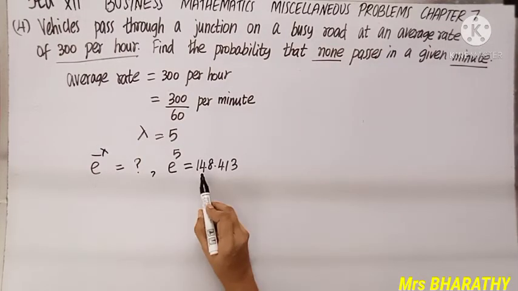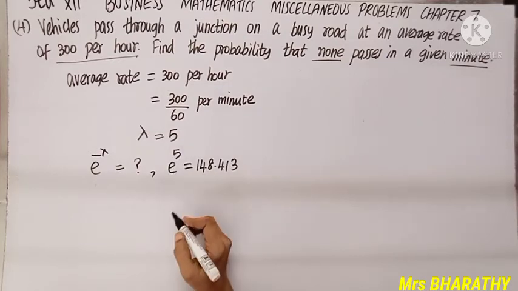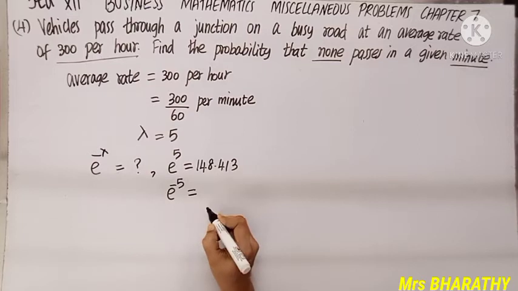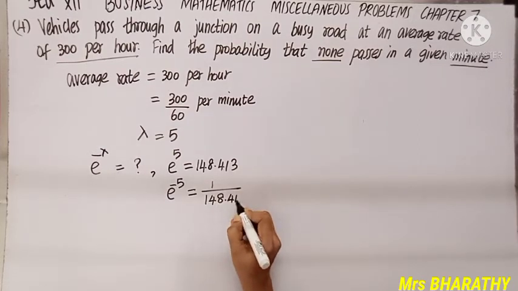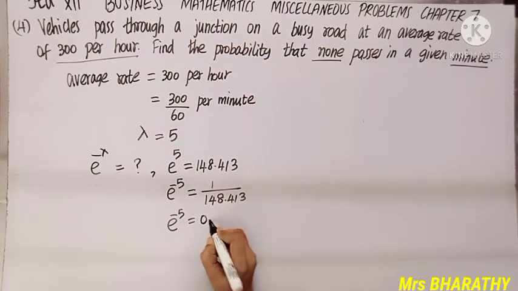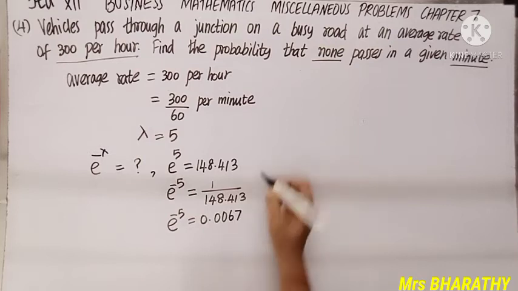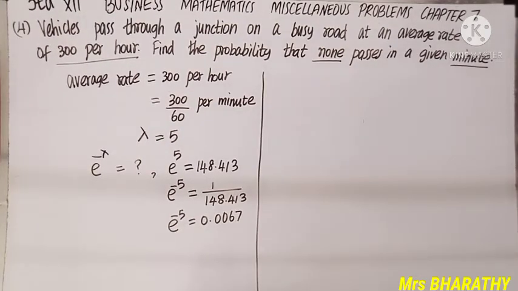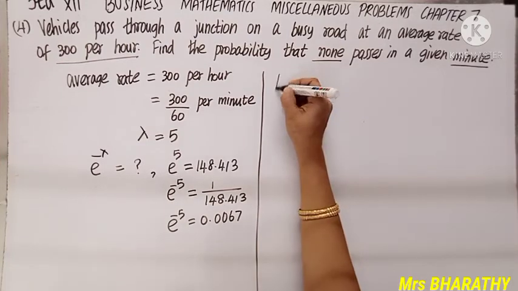As we refer to the table, we got 148.413 for e power 5. But I want e power minus 5. So it is 1 by 148.413, and the value is 0.0067. So whenever it is Poisson distribution, we need to calculate e power minus lambda to substitute in the distribution.